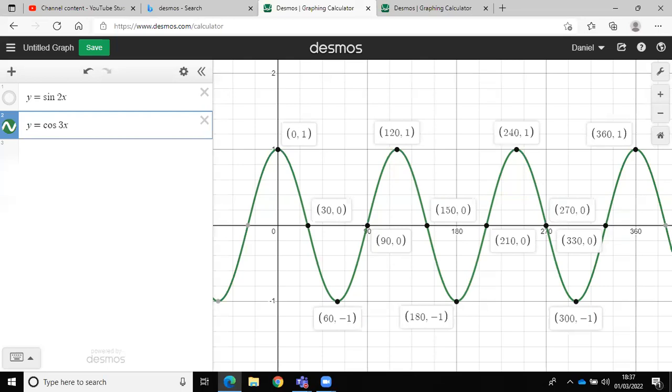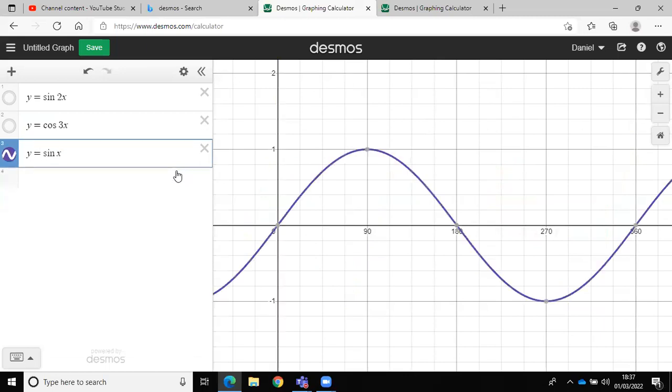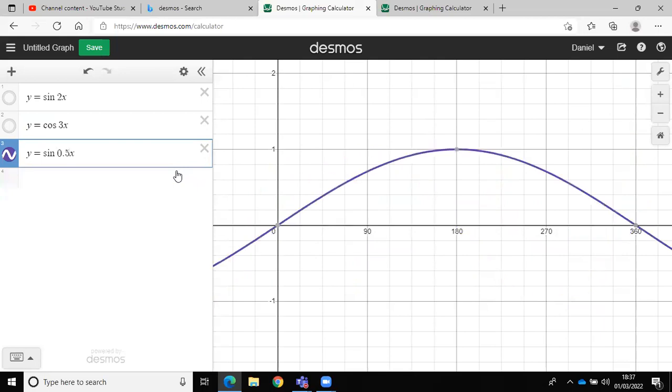One that I'd look out for and be careful of comes up. When you've got y equals sine x, and they do half a wave between 0 and 360, if it's half, then your milestones actually double.